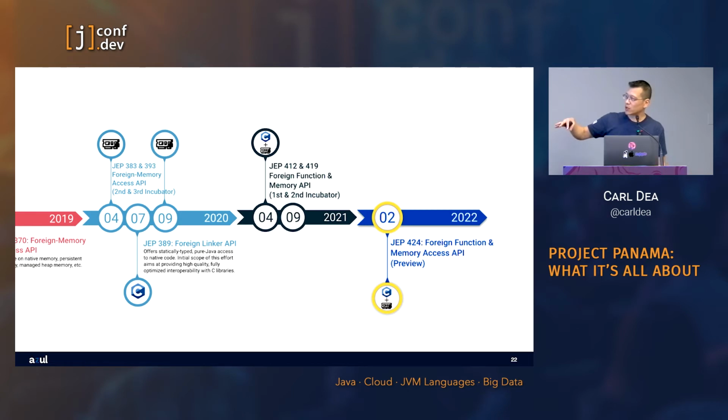It's the newer preview release, which is now released in Java 19. That was, I think, last week. So Java 19 went into GA, or general availability, and you can access it. Prior JEPs, JEP 412 and 419 in 2021, were in incubator modules.